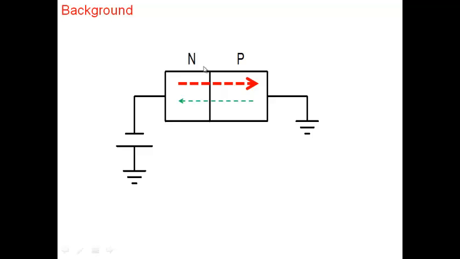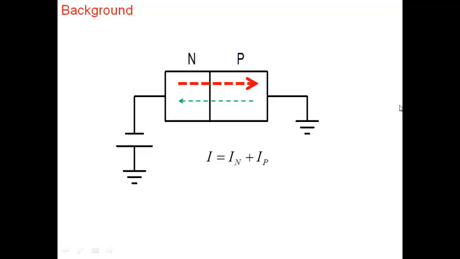These broken arrows do not indicate current, only the direction of flow. The current due to electrons is also flowing in the same direction, but the flow of electrons is from N to P and the flow of holes is from P to N.